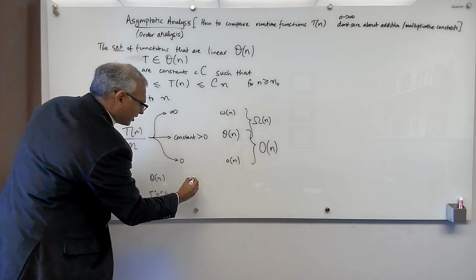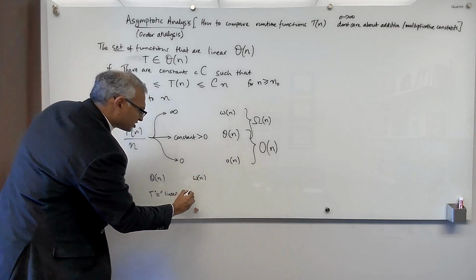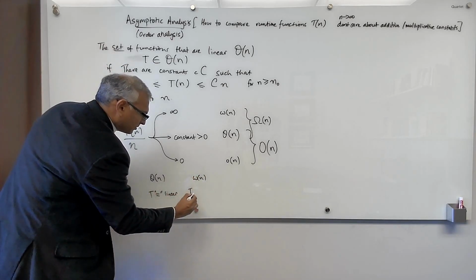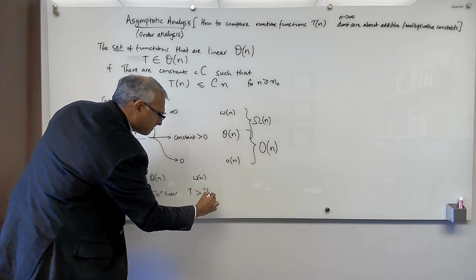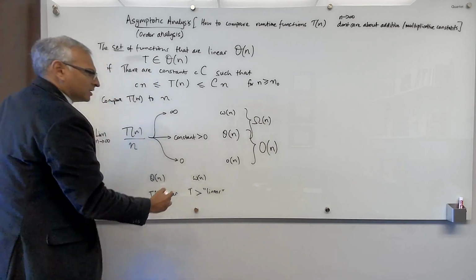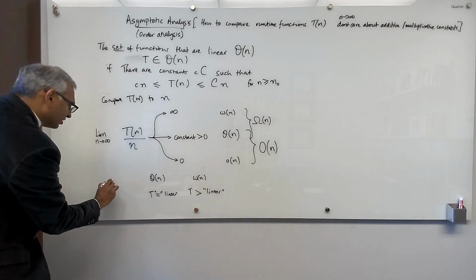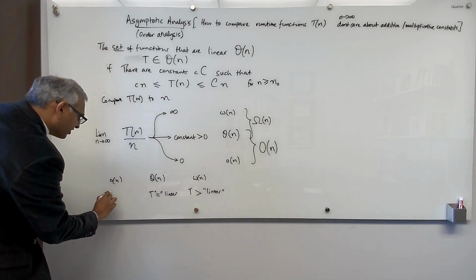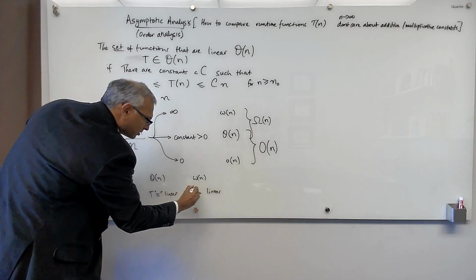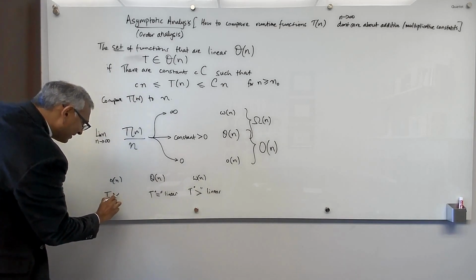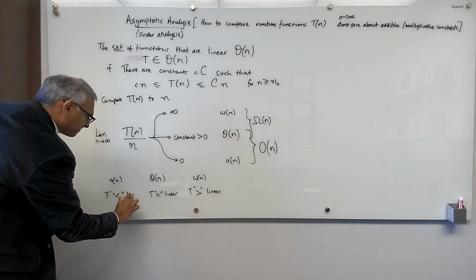Omega of n are the functions t which are in some sense strictly greater than linear. And the set of functions little o of n are the functions t which are, the quotes go here, less than linear.